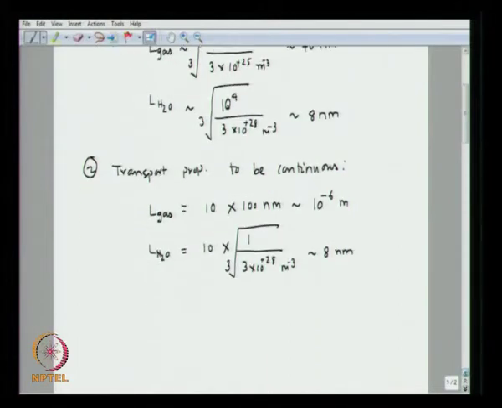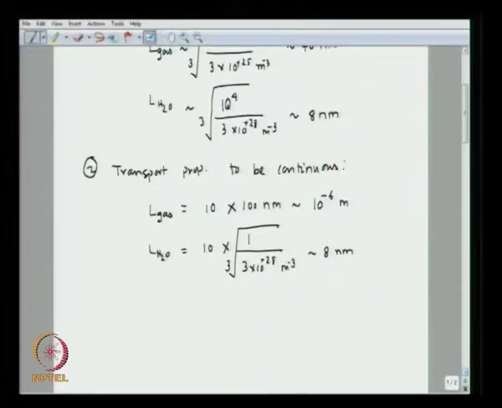So what do we see here? We see here that for gas to be continuous the length scale of the flow has to be at least 1 micron, and the length scale of the liquid has to be at least about 8 nanometer or 10 nanometer.